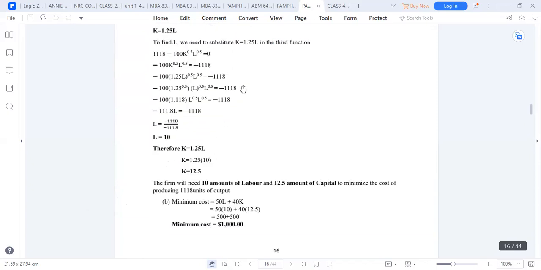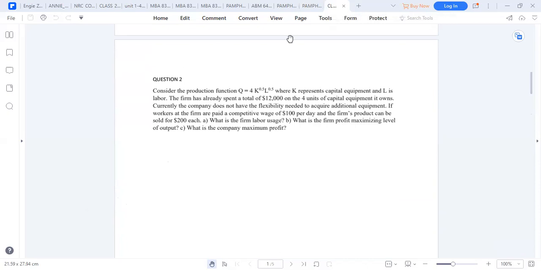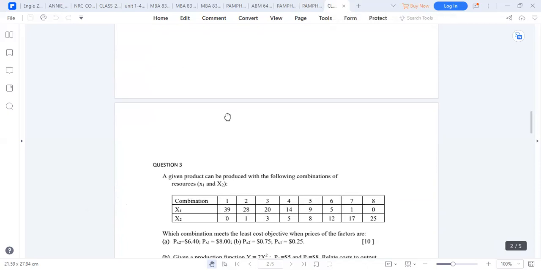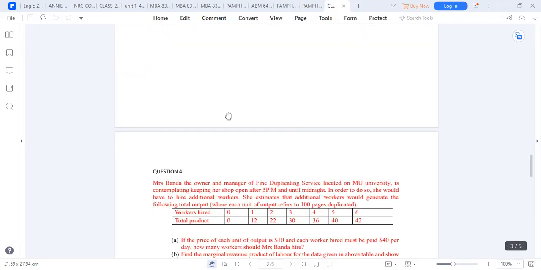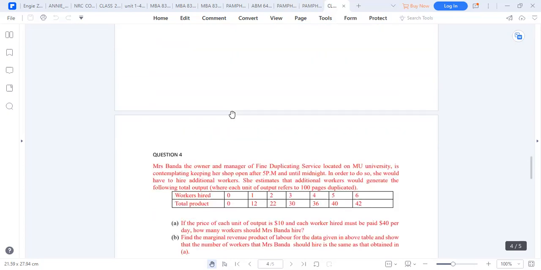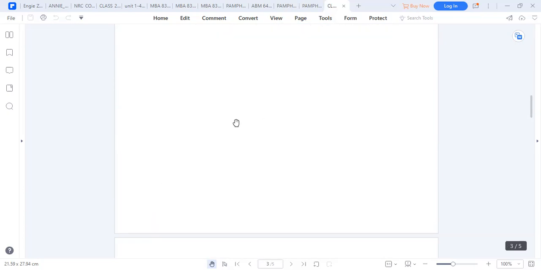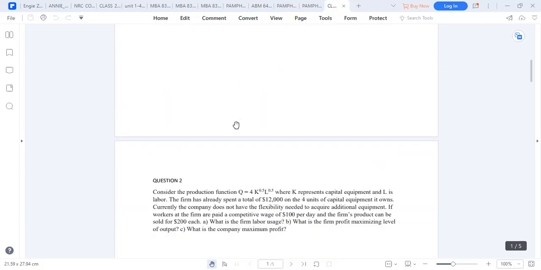Under production, I itemized about three equations, so you can choose any one of the remaining ones. Which one do we look at?